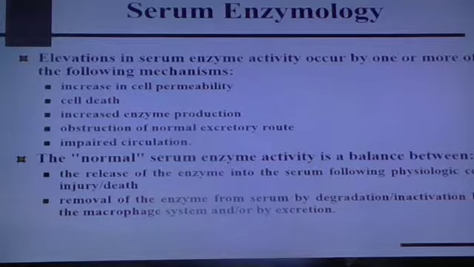Now, removal of the enzyme from serum by degradation and inactivation is very often done by the macrophage system or by excretion. In other words, it's either excreted out intact, or the enzyme undergoes half-life degradation, this type of thing, and the macrophages take care of it. Okay, so there's a balance there.